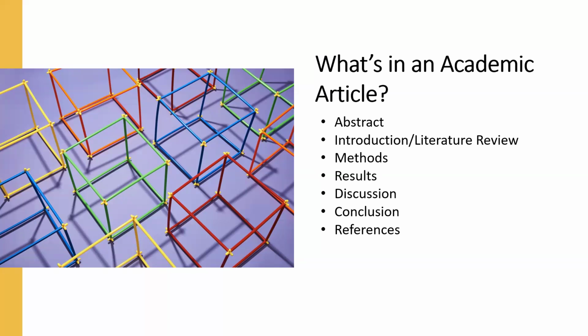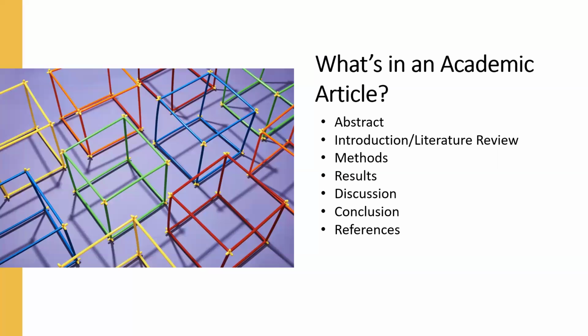So if you find an article that you really like, that's talking about information that you're interested in or that is relevant for your assignment, take a look at the references section. Because a lot of times what that'll do is it'll point out to you other places that you can look for more information on this topic. A lot of times these references are referring to things that were talked about back in the literature review.